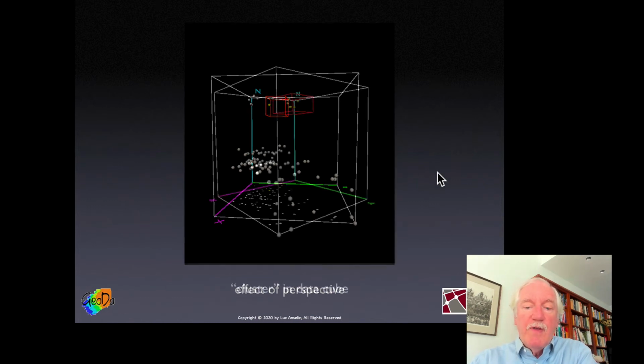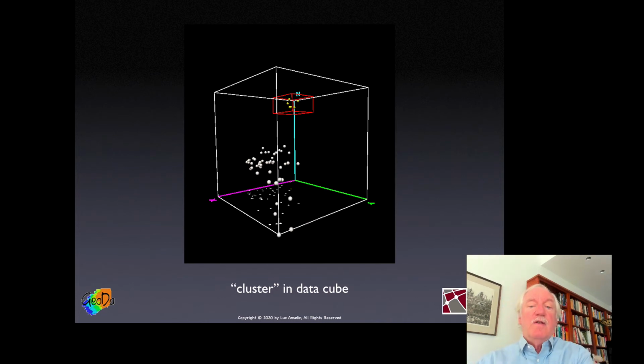So if you play with this a little bit, and it does take some practice, for me, it's actually quite fun to do this, but it's also sometimes not that intuitive. But after some trial and error, finally I've got my box around the points and I have them all selected. And of course, linking and brushing, once you have these points selected, you can also see them on any other view that's open, and the reverse works as well, where, for spatial heterogeneity, we select on the map, and as we change the selection on the map, the yellow points get highlighted in the cube.